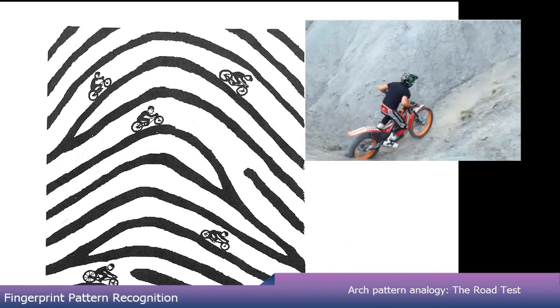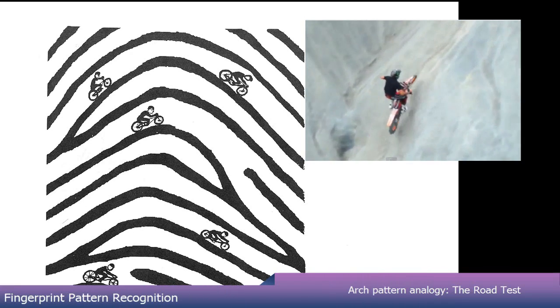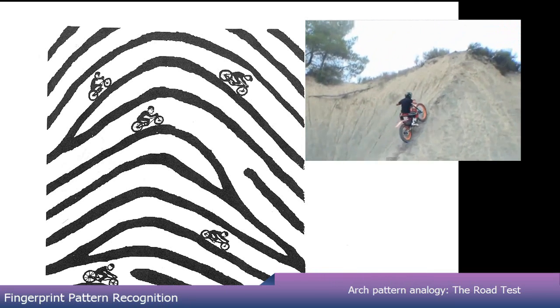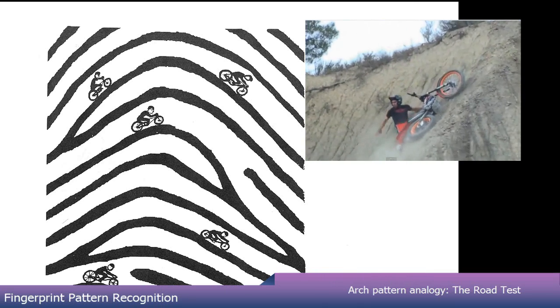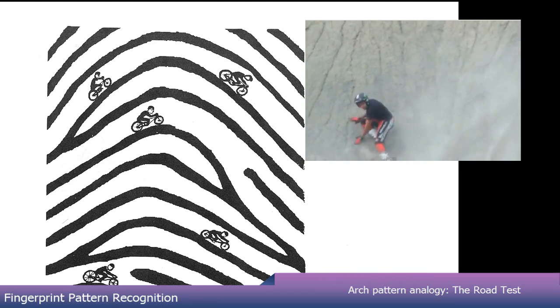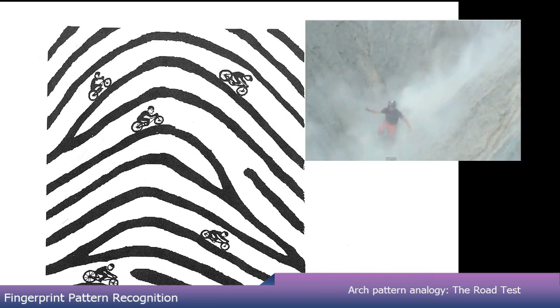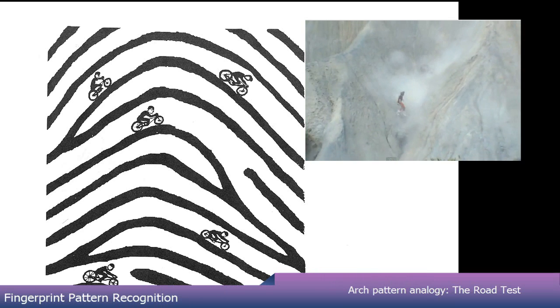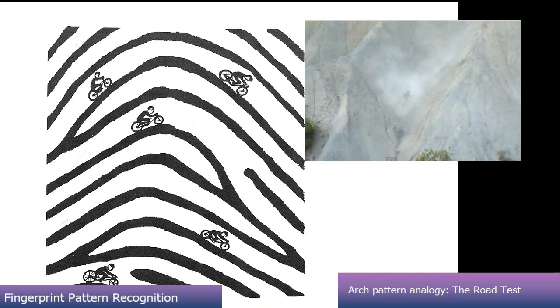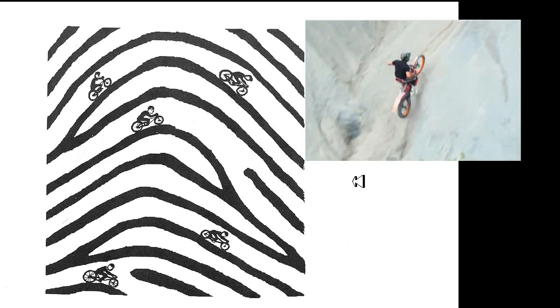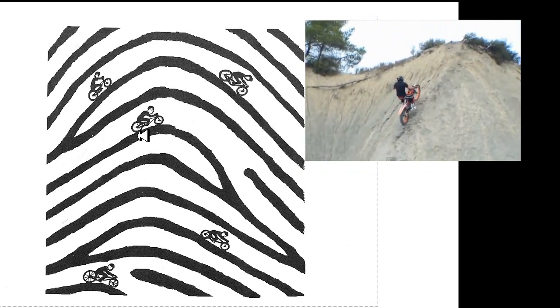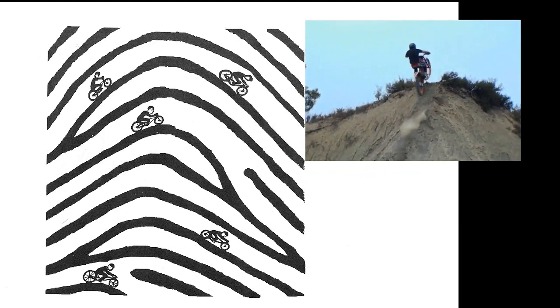I like to explain to people that the arch, if you have a proper imagination, you can visualize riding your bike from left to right without getting a flat tire. This is the only fingerprint pattern that you can do that. All of the ridges are going from one side to the other.